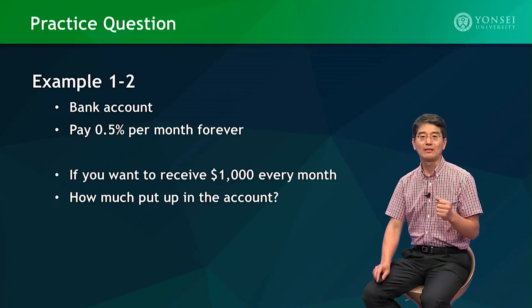In order to understand this formula, let's consider a bank savings account that pays you 0.5% per month on the balance forever. If you want to receive $1,000 of interest every month from the savings account, how much do you have to put up in the savings account?